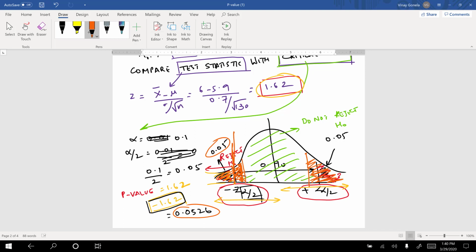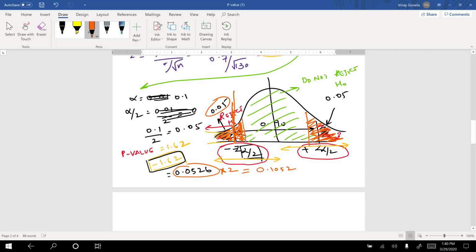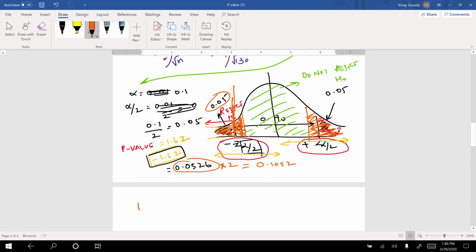So you are looking at 0.0526 on both sides, so the p value would be 0.1052. So again, one of the easiest ways is if you calculate the p value, our p value is 0.1052.